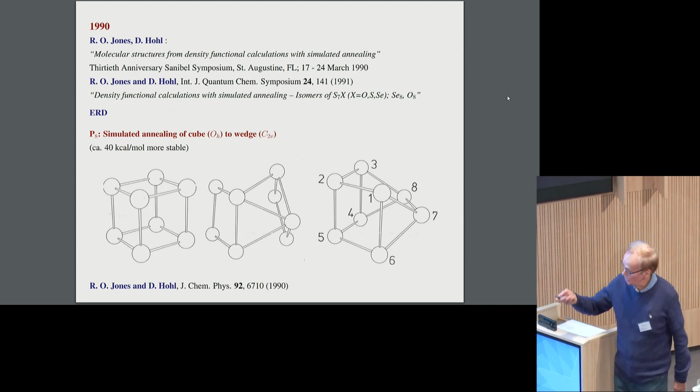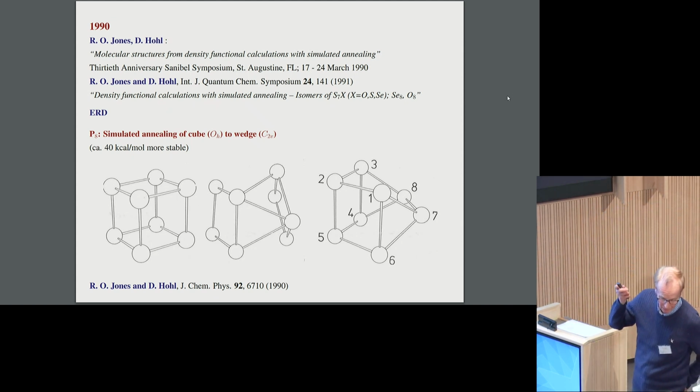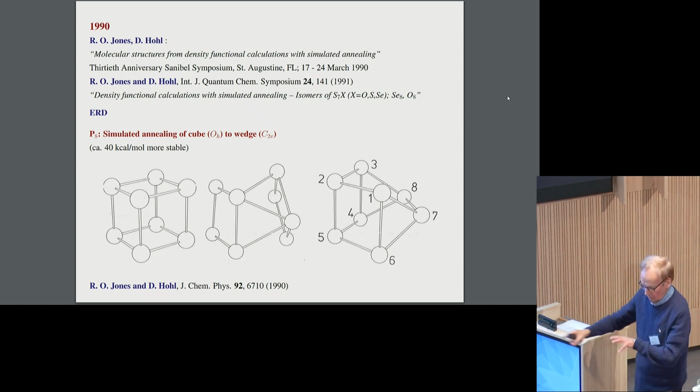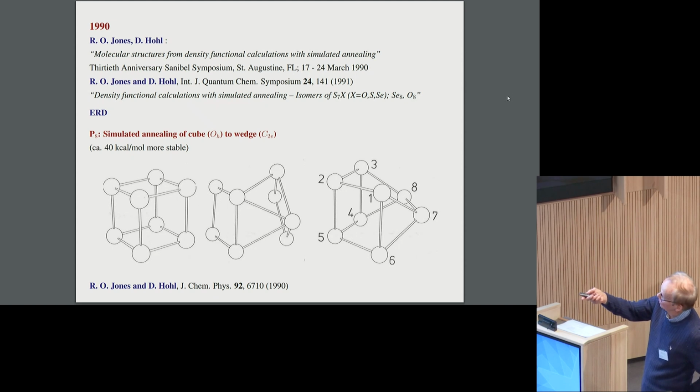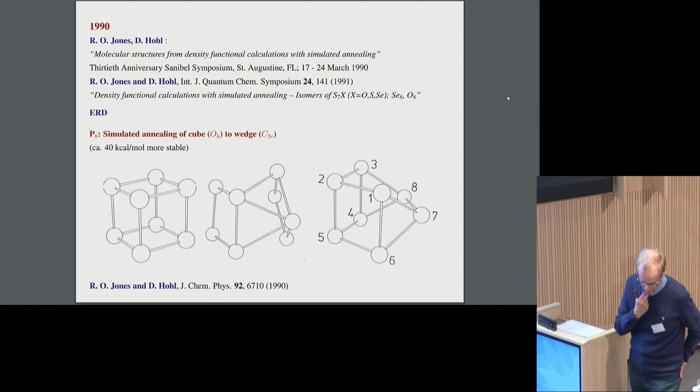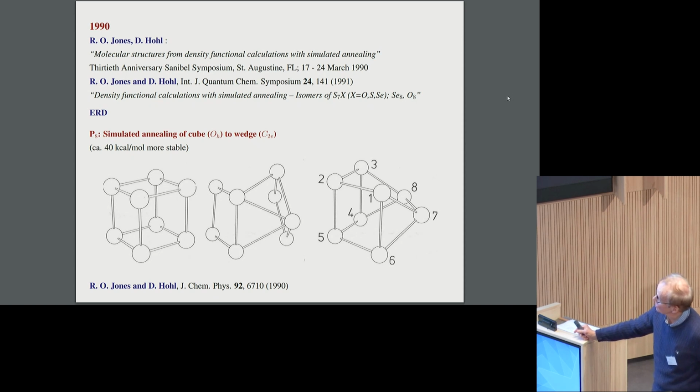Here is a calculation that we're doing using the dynamics, the Car-Parrinello method, where you have temperature in there and where you can do dynamics and look all over the energy surface.